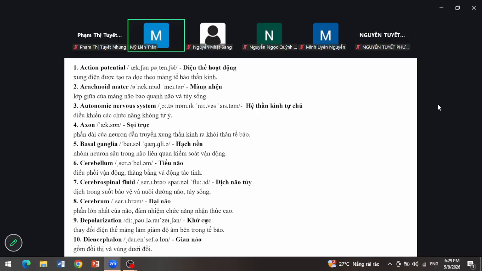Look at the meaning of these vocabularies again and practice saying the words correctly. Pay attention to the pronunciation. Action potential. Arachnoid mater. Autonomic nervous system. Axon. Basal ganglia. Cerebellum. Cerebrospinal fluid. Cerebrum.